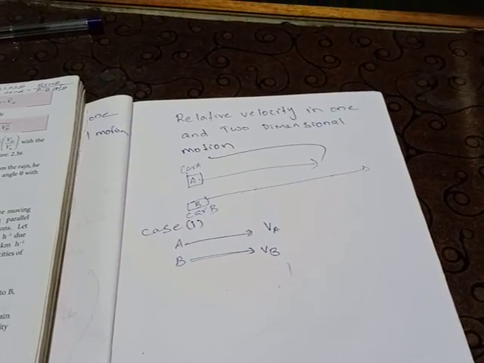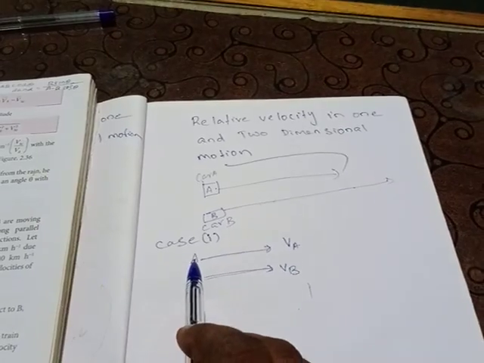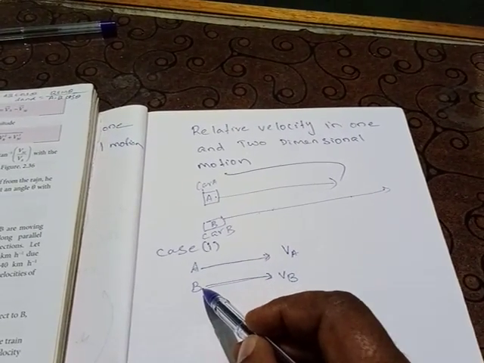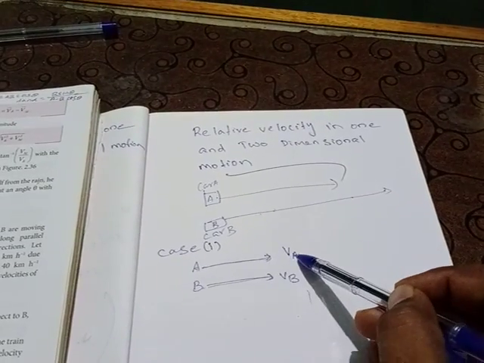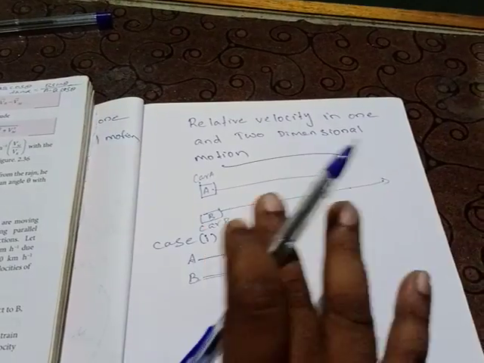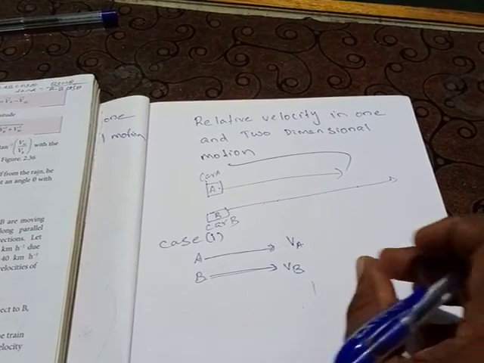So, first case: two objects A and B moving with uniform velocities along the same track in the same direction, with VA and VB with respect to the ground.